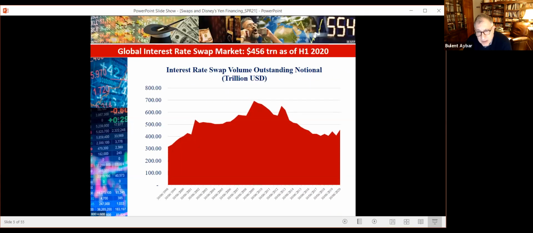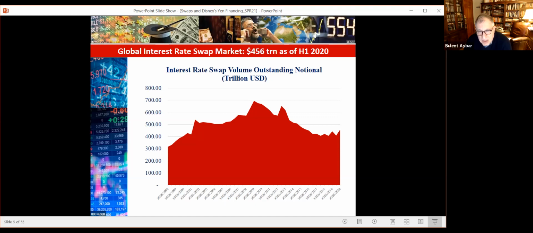A little bit about the volume of interest rate swaps. As you can see in here, interest rate swaps are significant in size. It reached almost $700 trillion right around the global financial crisis, and then the volume dropped considerably to about $456 trillion in US dollar terms.